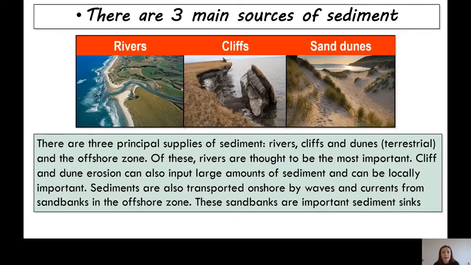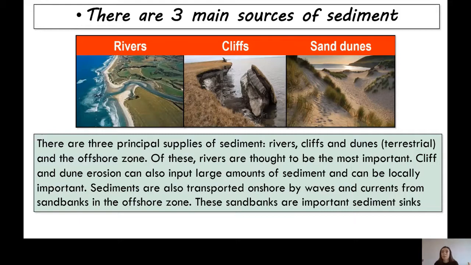For example, if the coastline is dominated by soft, chalky cliffs, then cliffs will be the most important source of sediment. But in some areas of the world, it is a river, for example, in Bangladesh.